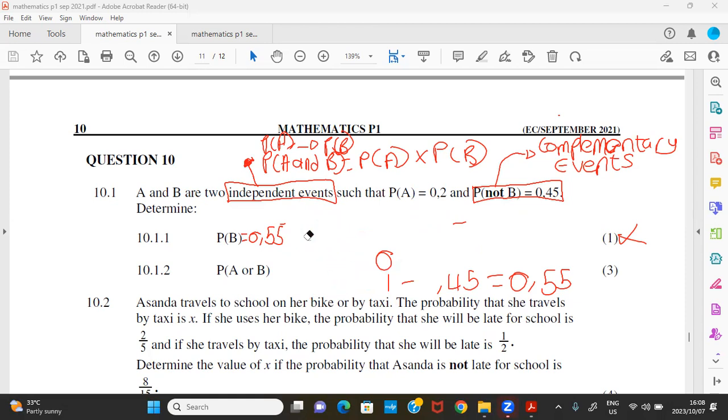Let me make some space here. So now they say 10.1.2, determine the probability of A or B, right?